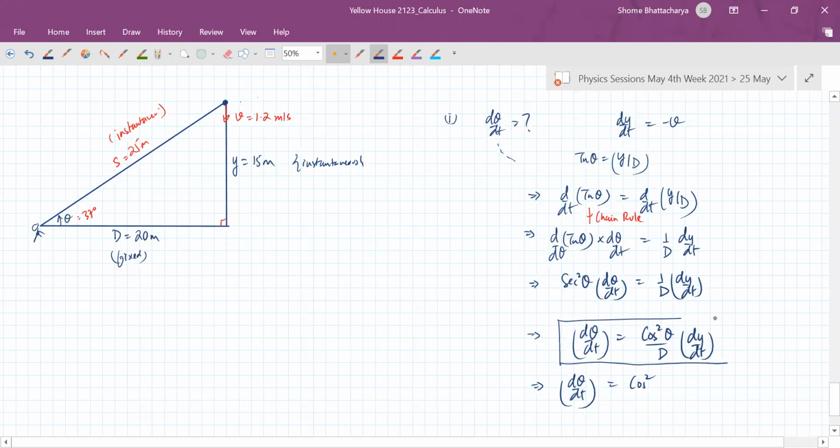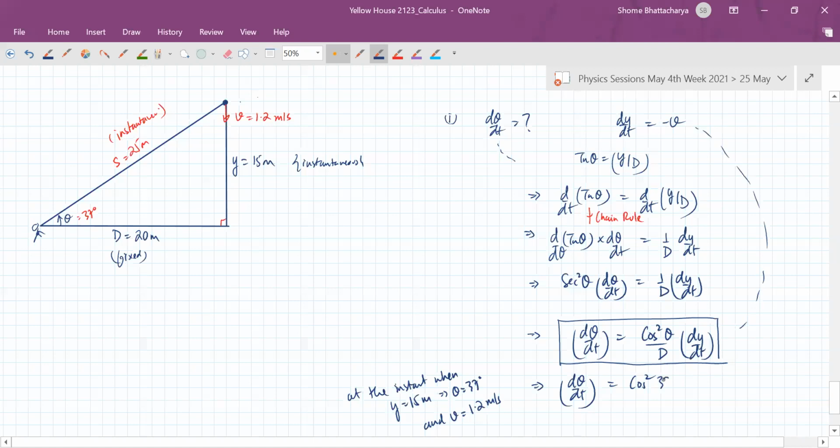Now we want to calculate it at the instant when y is 15 meters, so theta is 37 degrees, and dy by dt, or v, is given to us as 1.2 meters per second. So dy by dt, remember, will be minus v, so we'll substitute this also here.